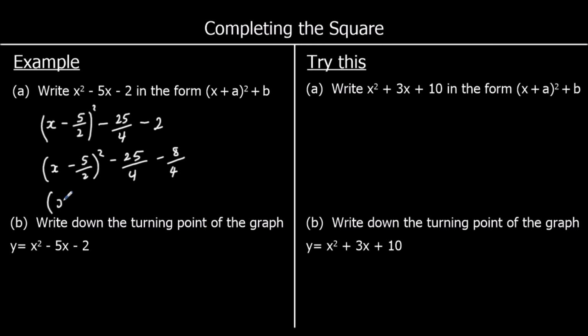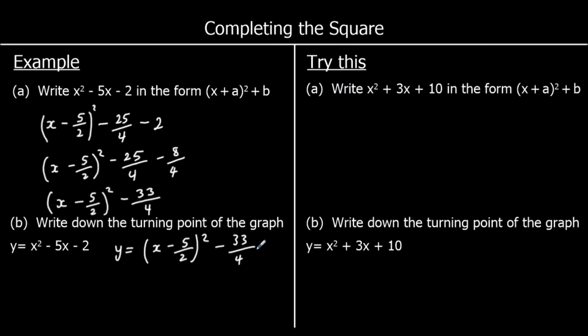So we've got x minus 5 over 2 squared minus 25 over 4 minus 8 over 4, which is minus 33 over 4. And then write down the turning point.